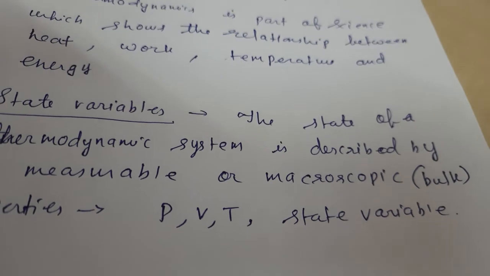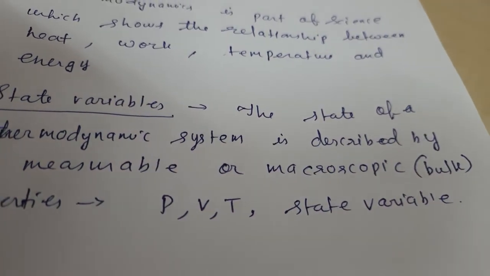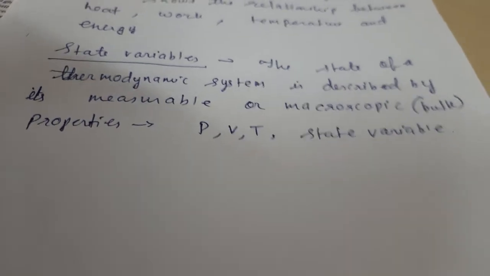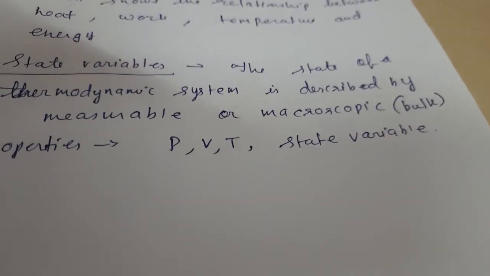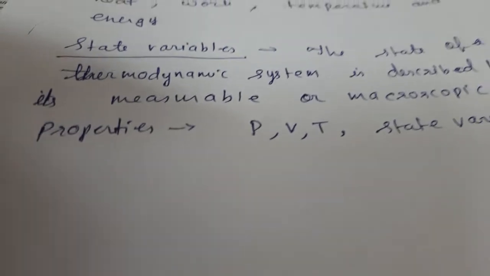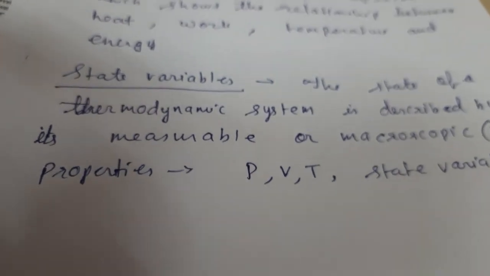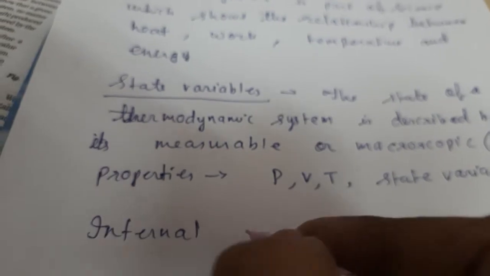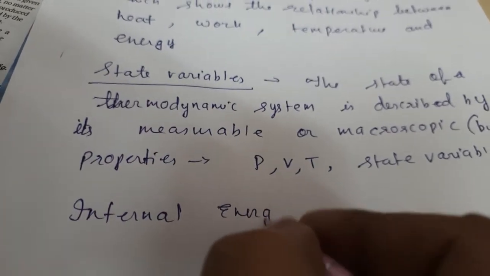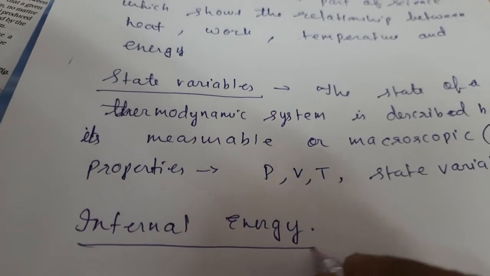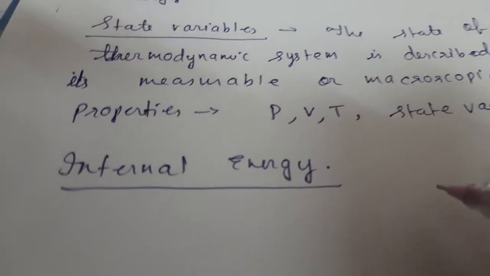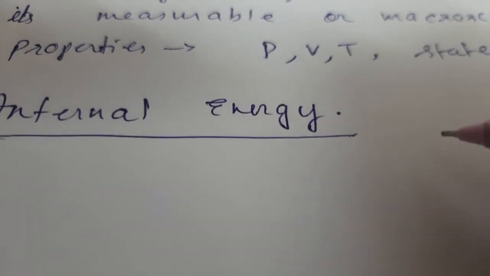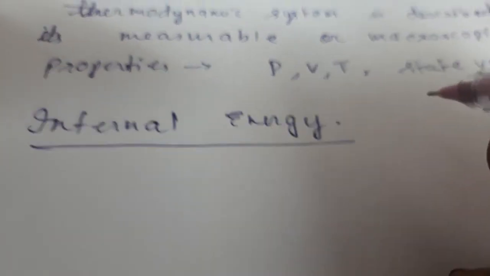ठीक है. अब किसी भी सब्सटेंस में बेटा इंटरनल एनर्जी प्रेजेंट होती है. इंटरनल एनर्जी इज डिनोटेड बाय U. So let us understand what is internal energy actually. इंटरनल एनर्जी क्या होता है? अ क्वांटिटी विच रिप्रेजेंट्स द टोटल एनर्जी ऑफ द सिस्टम.